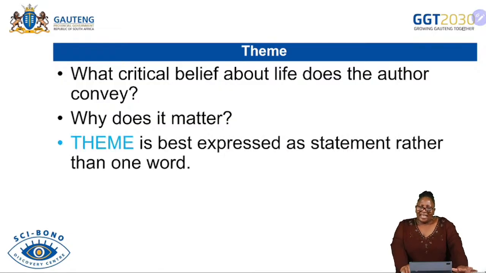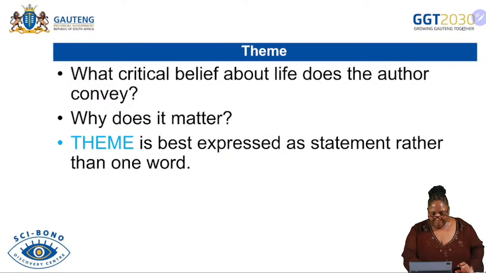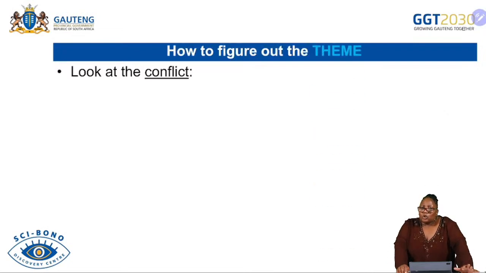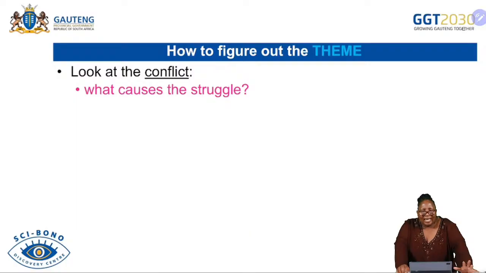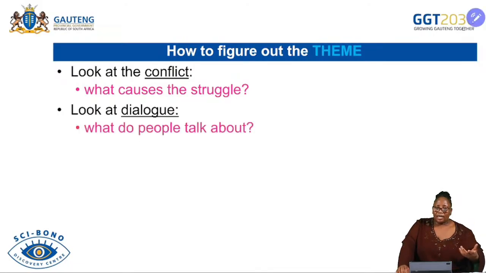The theme is best described as a statement rather than one word. It can be expressed as a statement rather than one word. How do we figure out the theme? We look at the conflict, what causes the struggle. We look at words said, the dialogue, how the people talk.